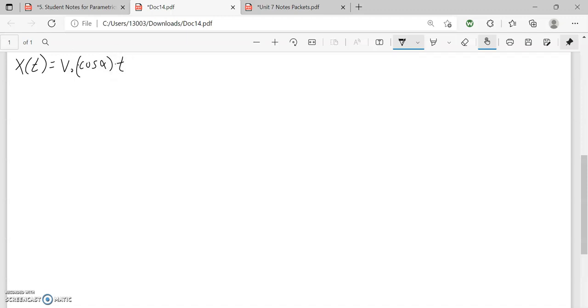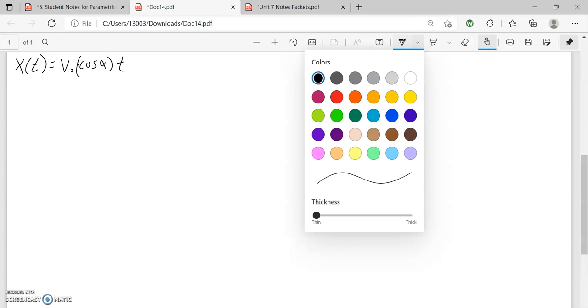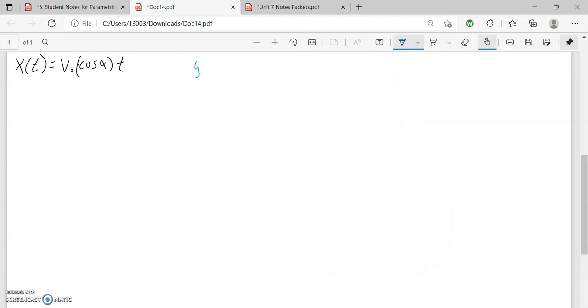And y with respect to t is the initial height plus initial velocity times sine of alpha times time, and because we're metric, minus 4.9 t squared.